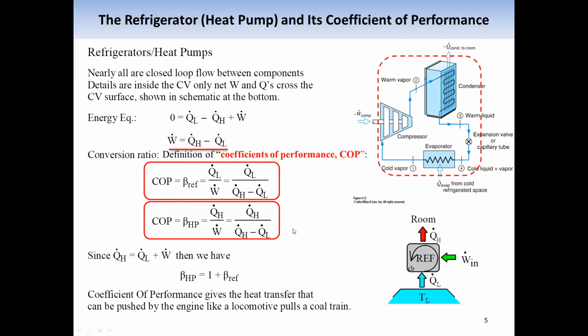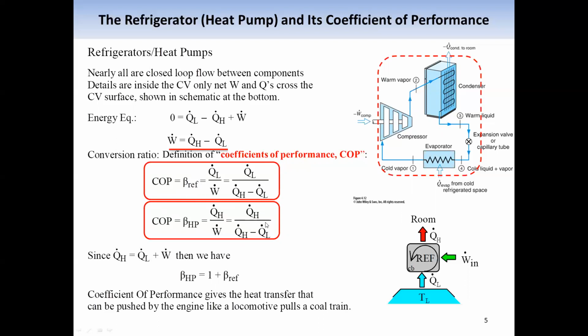The only difference between these two COPs is the numerator. One is referred to as the QL dot term, and the COP is designated with a subscript REF, denoting refrigerator.